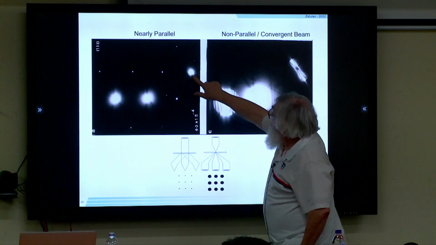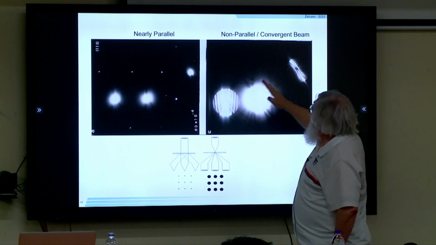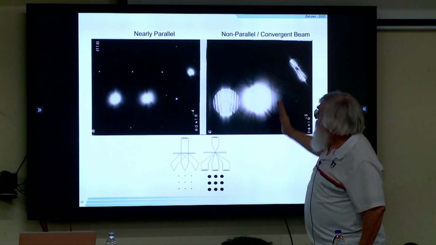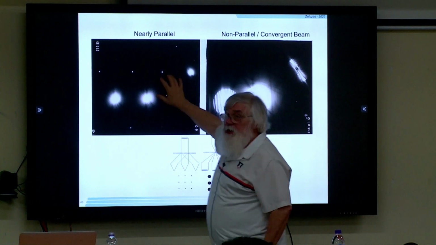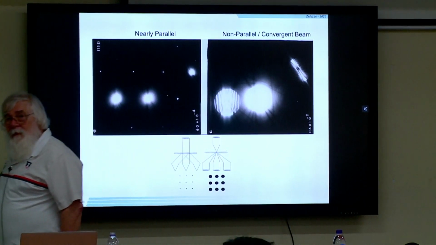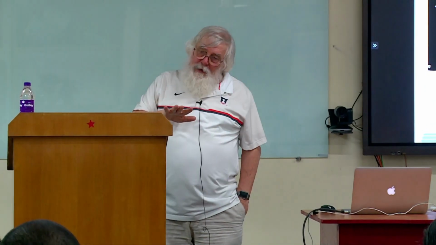Okay? See that guy? Notice how big he is? Notice very interestingly, there's a lot of other information hidden in here. Is that information here? Absolutely. We don't see it. Why? Because the intensity is so weak.